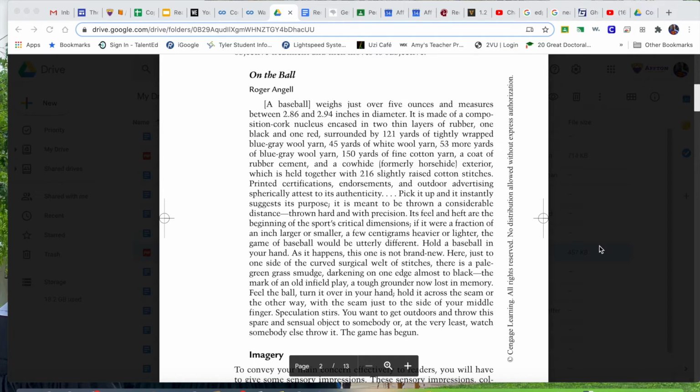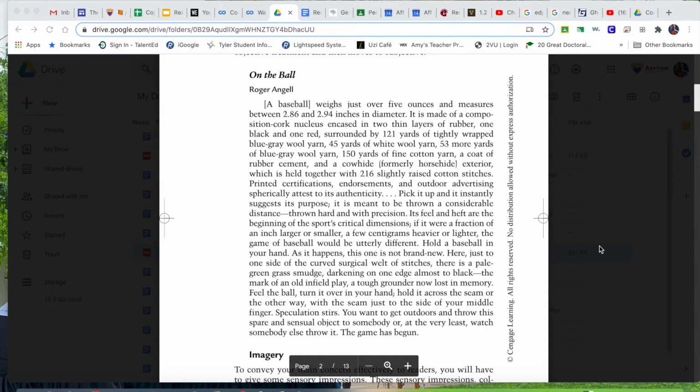As it happens, this one is not brand new. Here, just to one side of the curved surgical welt of stitches, there is a pale green grass smudge, darkening on the edge almost to black. The mark of an old infield play, a tough grounder, now lost in memory.